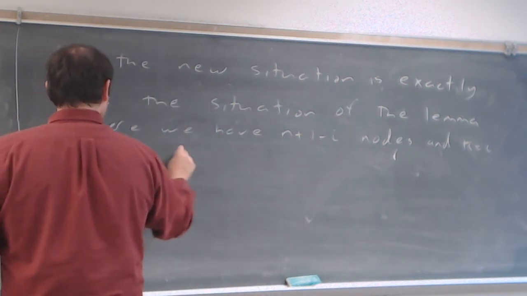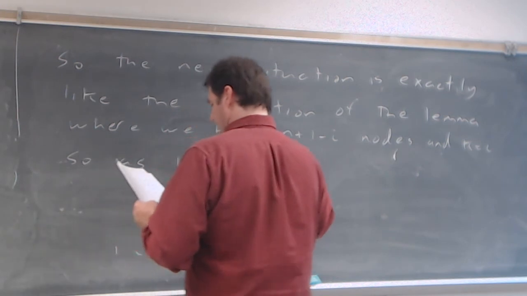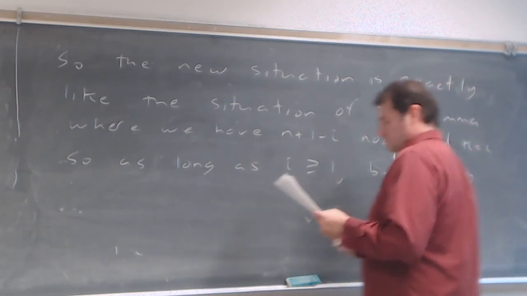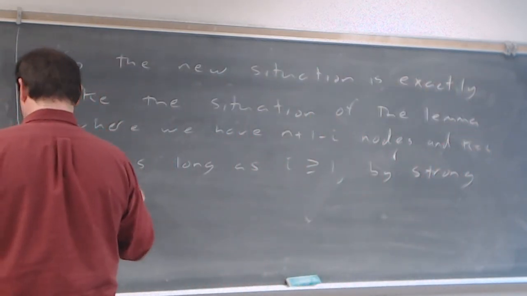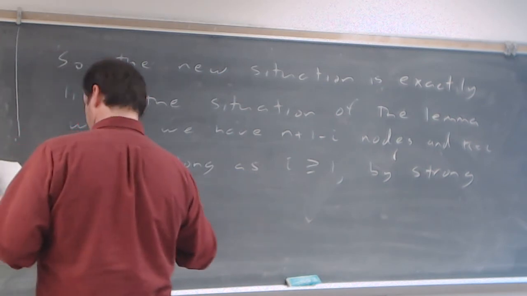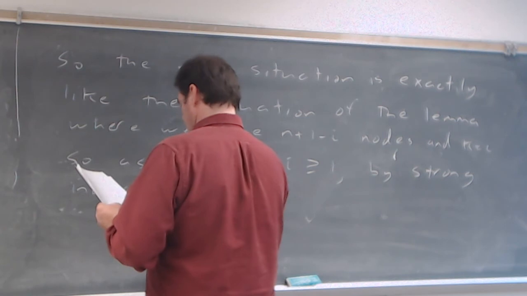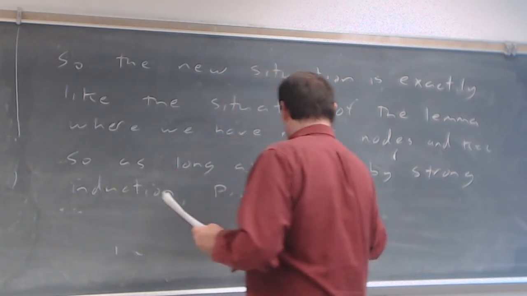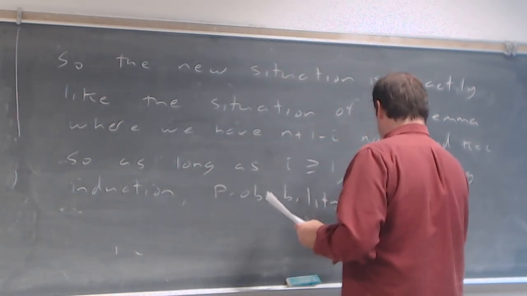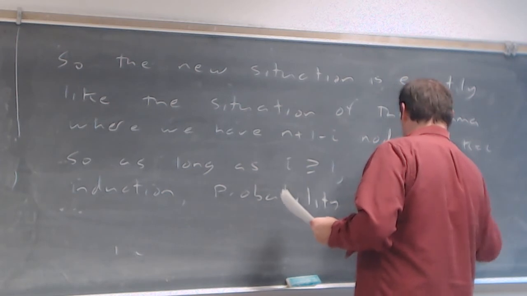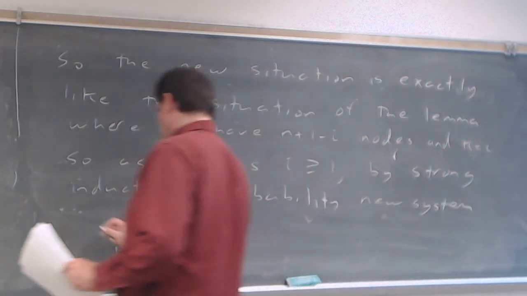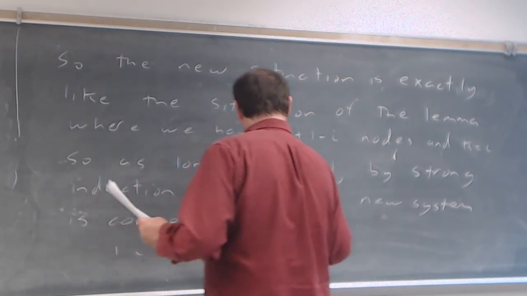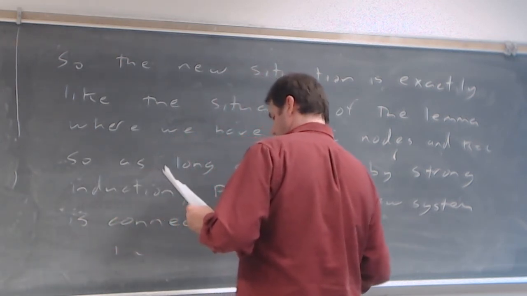So as long as I is greater than or equal to 1, by strong induction, the probability the new system, the new random graph, is connected is I over n plus 1.